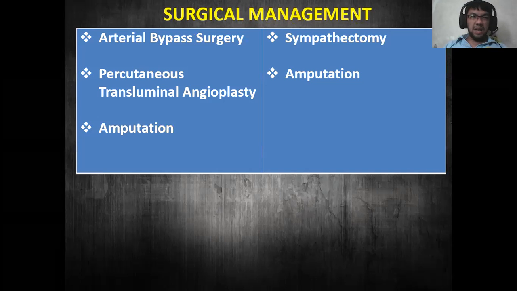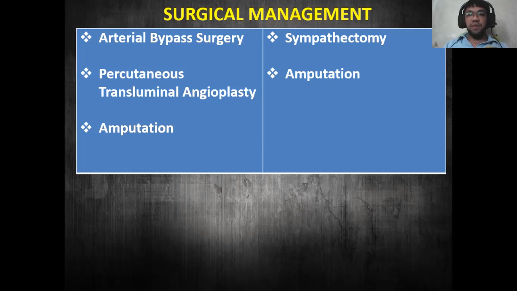If there is infection and further, like with the picture that you've seen previously, those types of gangrenous infection need to be amputated. The same goes for Raynaud's disease.